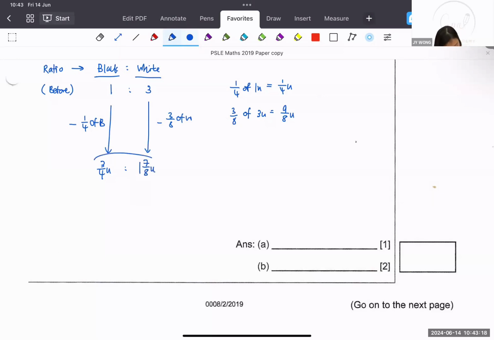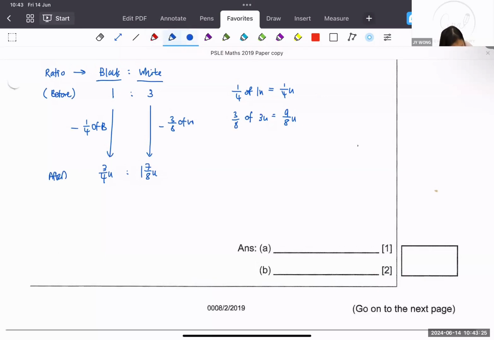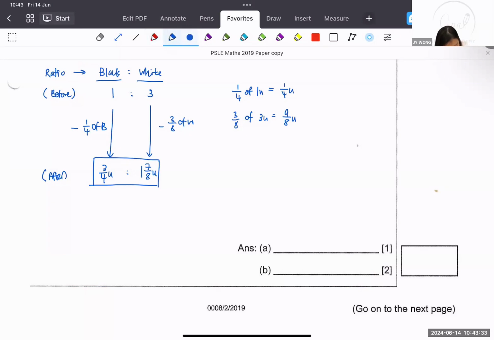So when you have fractions, it still can be worked out. Just that some students are not comfortable, so usually I change to whole numbers. But we know that this is the end. And so we need to use this later on to find part B, which is all these units here, 3/4 units plus 1/7 out of 8 unit will give you 1/8.